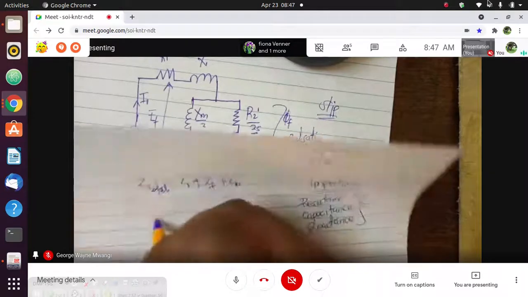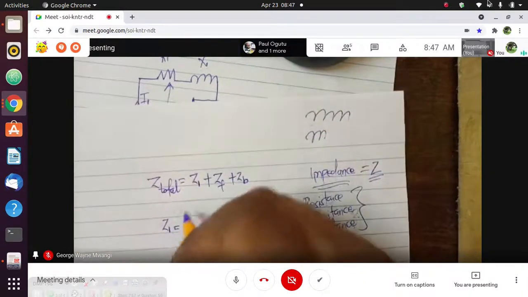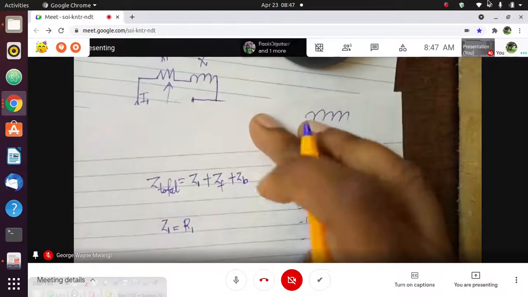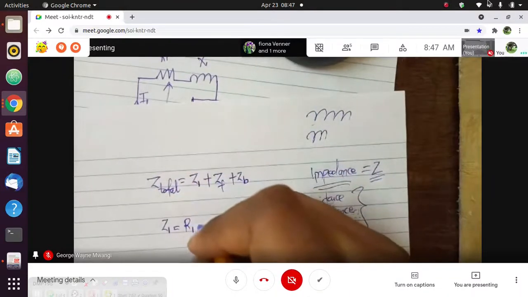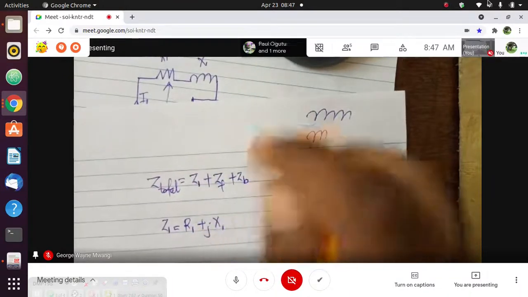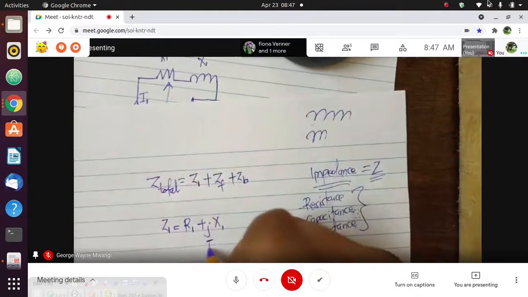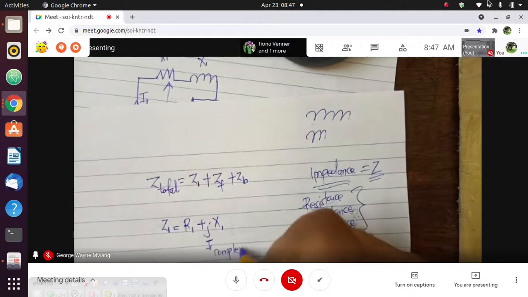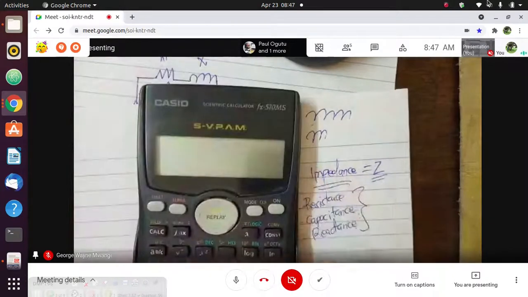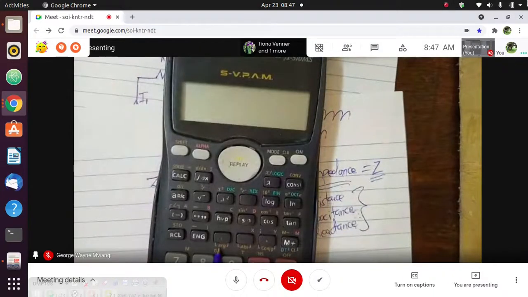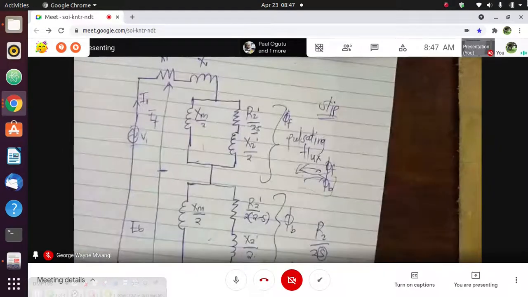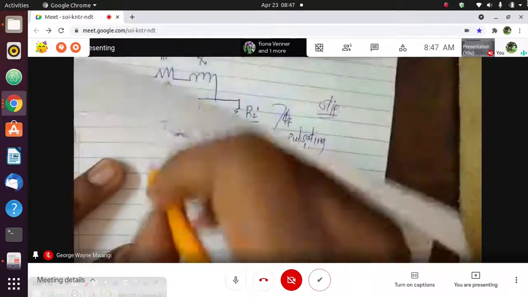The impedance in the stator will be given by the stator resistance R1 plus j times the inductive reactance. We have to write it this way because it is a complex number, and we will see how to calculate this in our calculators. Make sure you have a calculator that has the angle and absolute functions, so that you are able to calculate these complex numbers. Now this is the impedance in the stator.